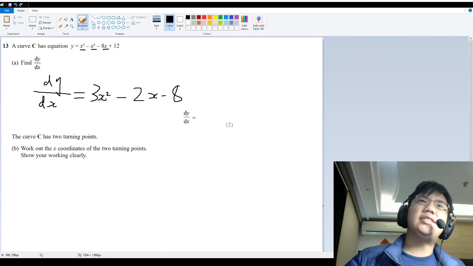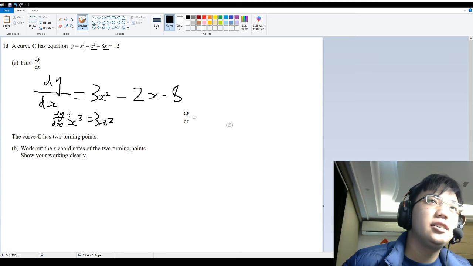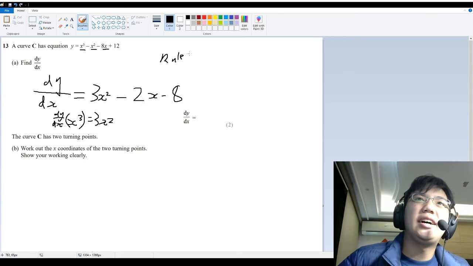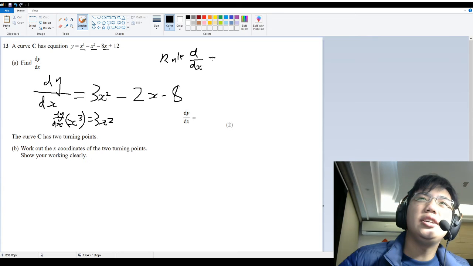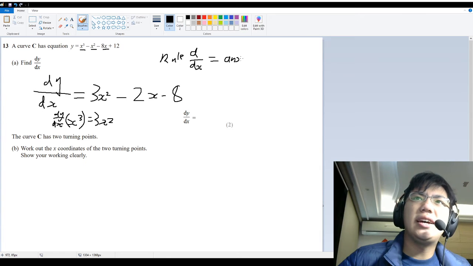Since the derivative of x cubed equals 3x squared, to recap, the rule is that the derivative of a term written as a x to the power of n equals a n x to the power of n minus 1.